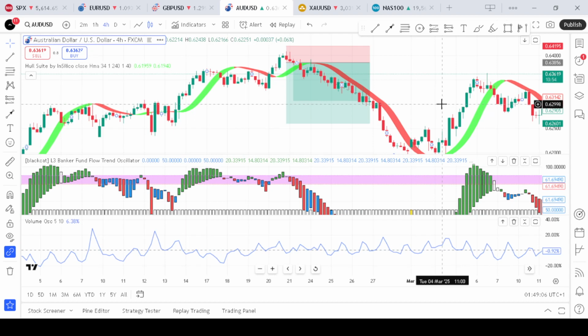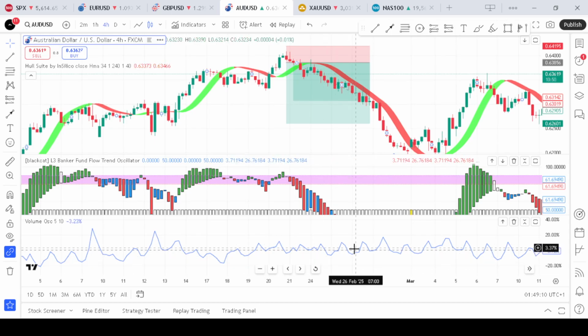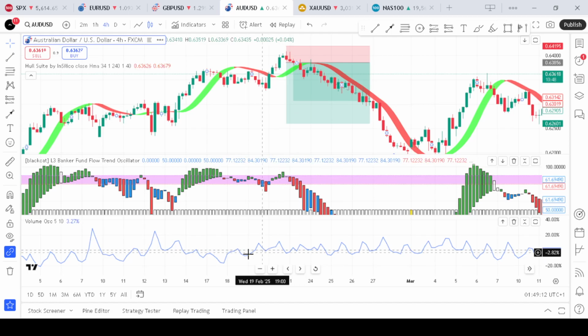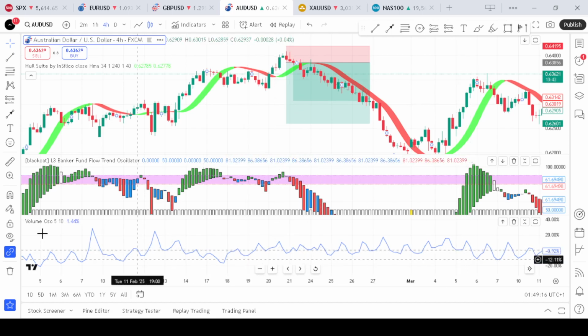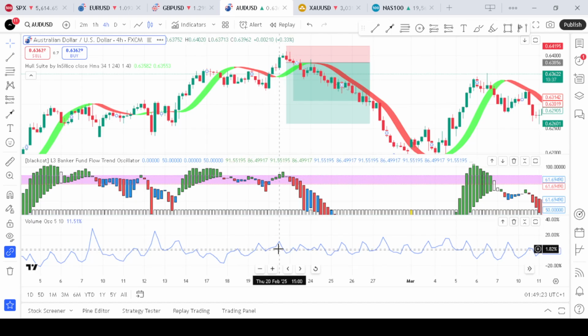Ensure that the volume oscillator is above the zero line. This is the zero line, this dotted line moving across the volume oscillator. Once it is above the zero line, it indicates sufficient market participation.